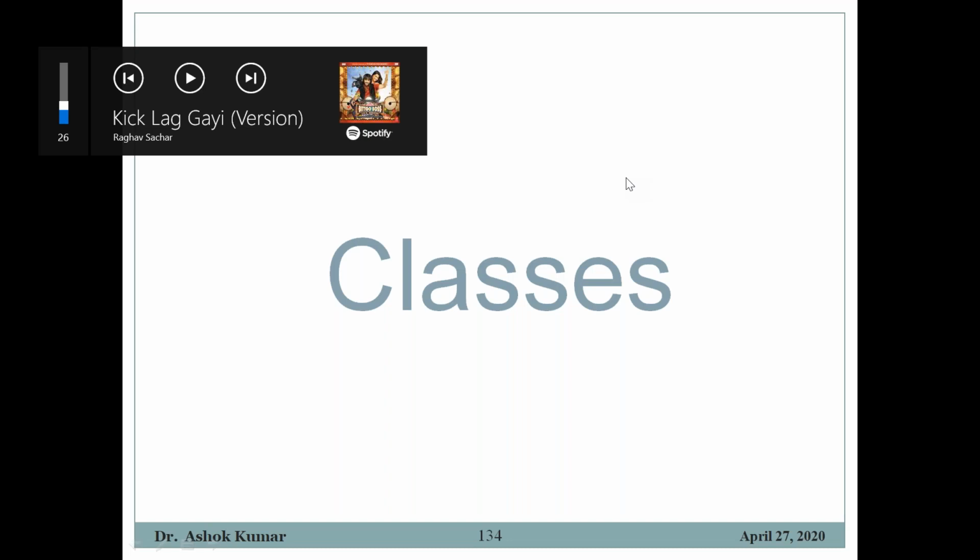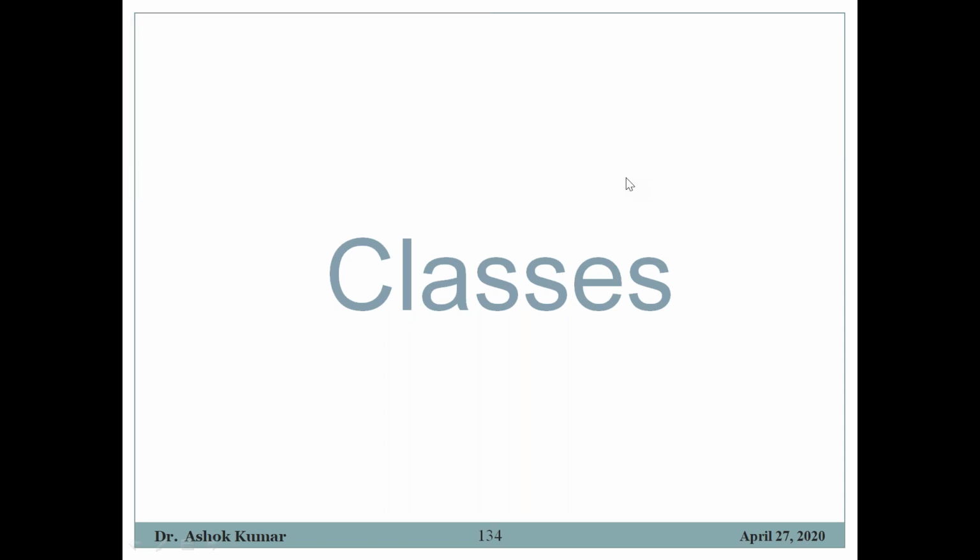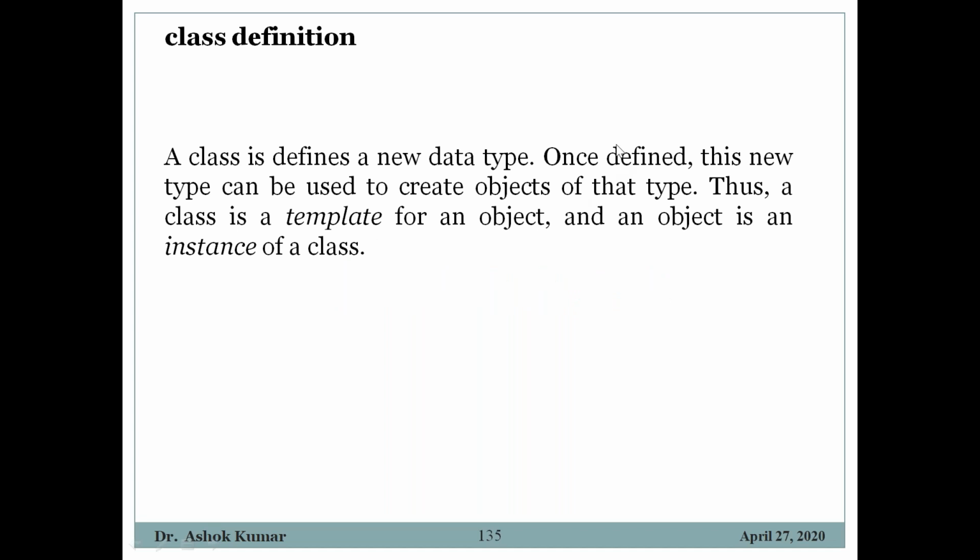So hello and welcome. In this video we are going to discuss classes and objects. So what a class actually is, here is a definition that is there on the screen. A class is basically a user defined or new data type that can be used to create objects.